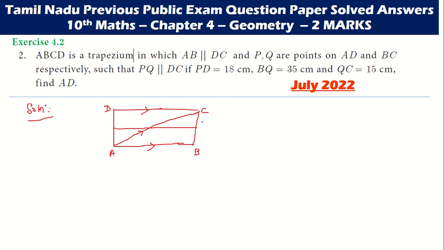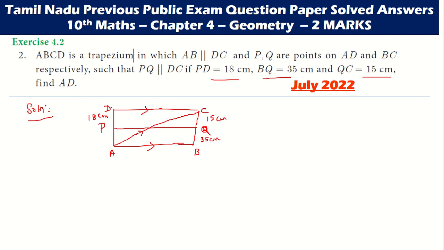இப்போ என்ன கொடுத்துருக்காங்க BQன்னு சொல்லியிருக்காங்க. ஸோ அதை ஃபர்ஸ்ட் என்ன ஆட் பண்ணணும் PQன்ற பாயிண்ட் இங்கே ஆட் பண்ணிங்க. ஸோ இது P and இது வந்து Q. ஸோ BQ is 35. ஸோ இங்கே 35 சென்டிமீட்டர் and QC is 15 centimeter and where PD is equal to 18 centimeter and AP வந்து தெரியாது.